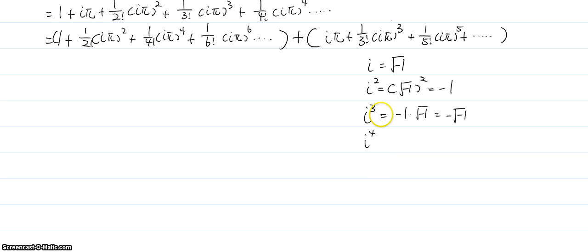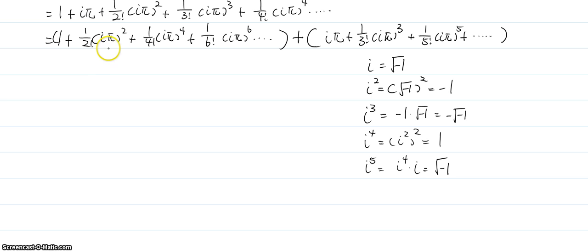And i to the fourth is simply i squared squared, which is 1. i to the fifth is i to the fourth times i, which equals the square root of -1. Notice there's a really good pattern here: -1, square root of -1, -1, negative square root of -1, 1, and square root of -1. This pattern is going to play the major role in proving that e to the i pi plus 1 equals 0.